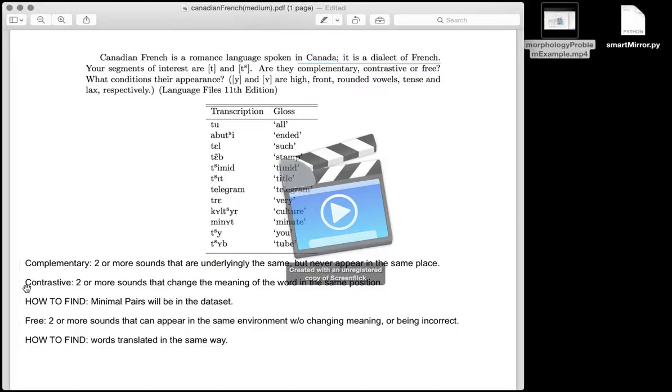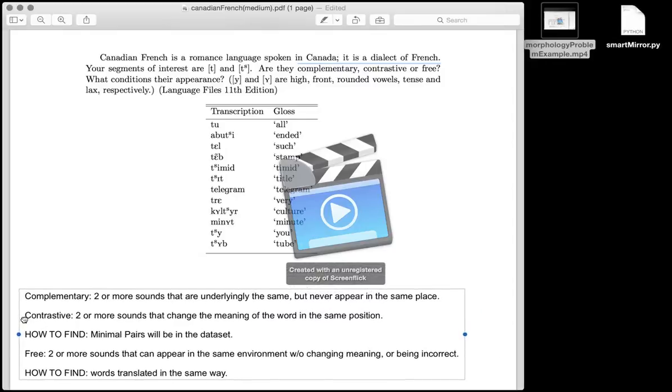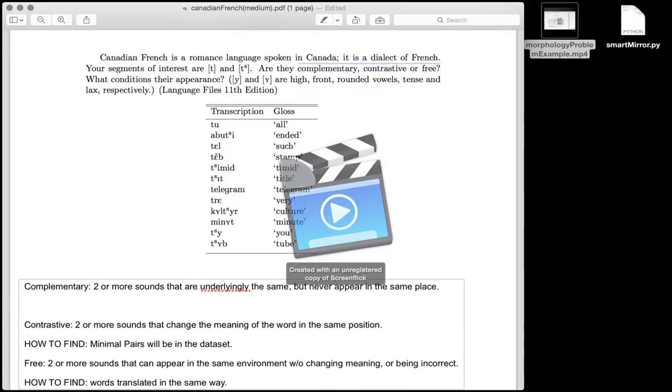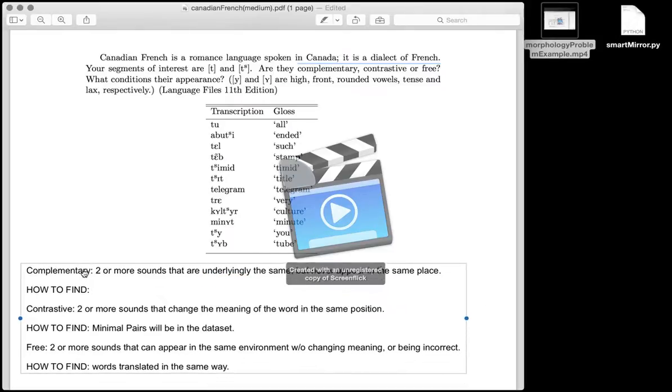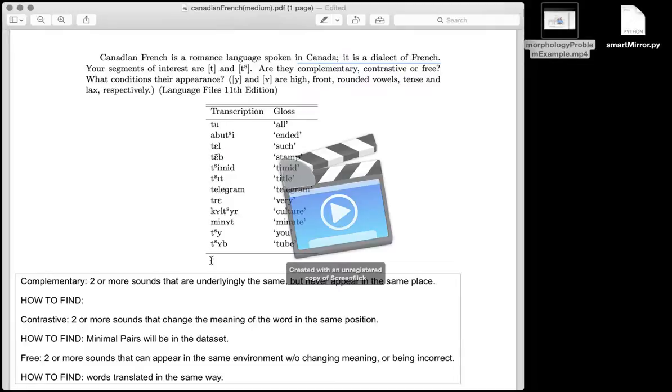And honestly, looking through for contrastive or free, they just often won't be found. So finding complementary sounds, well, how will you find them? You'll have to do this on your own, and you'll be the one to actually discover what the rule is, to discover when in the language those two sounds or two or more sounds could appear that are in complementary distribution. All right, so now that I've gone over these, I'll just do this as to be continued.